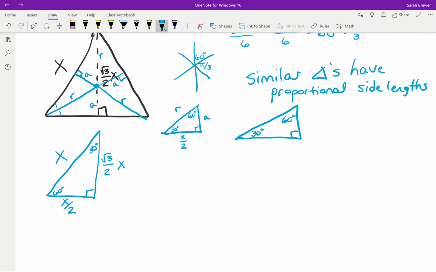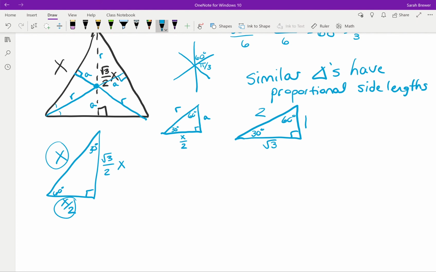Usually, I'll just have them memorize the case where my shortest side is 1, my hypotenuse is 2, which is consistent with x and x over 2, and the side opposite the 60 is just root 3 times the shortest side, so the 1, 2, root 3 case. And I think that's pretty simple to memorize.